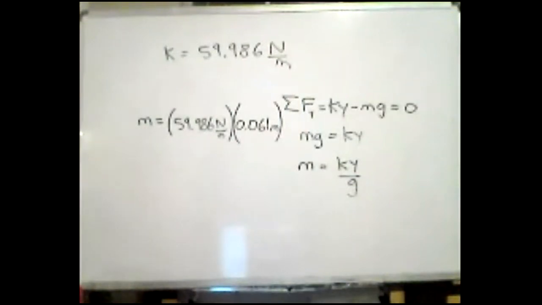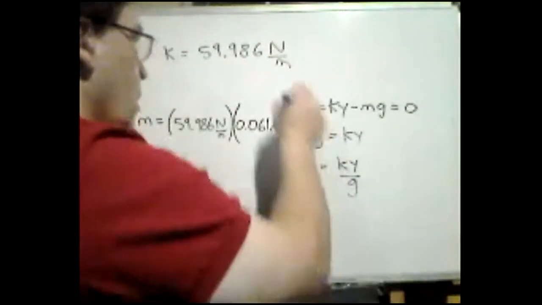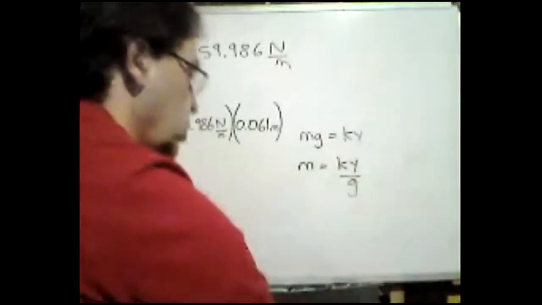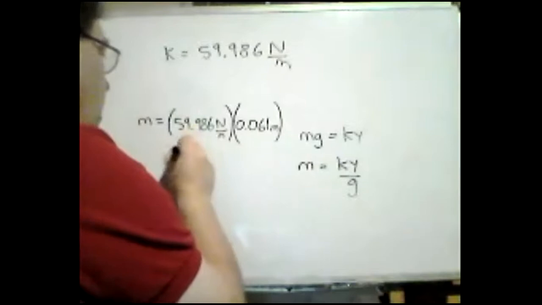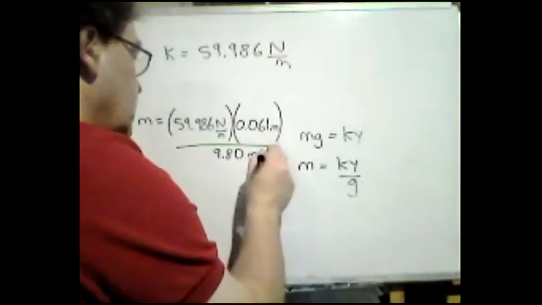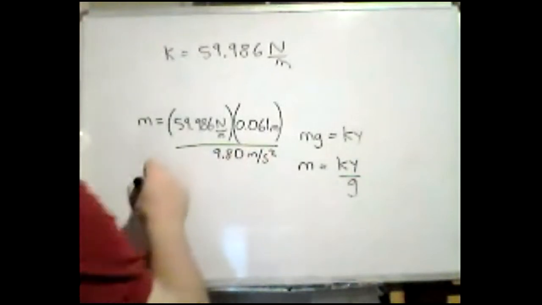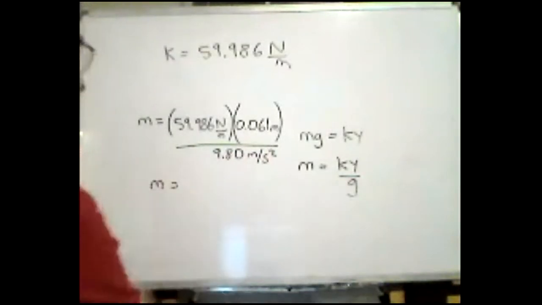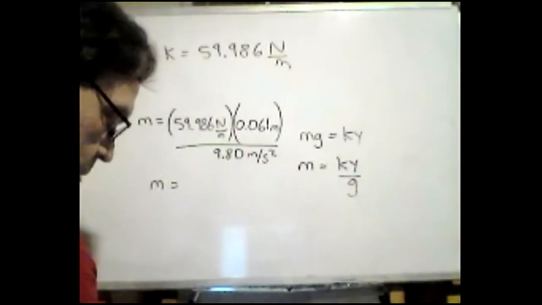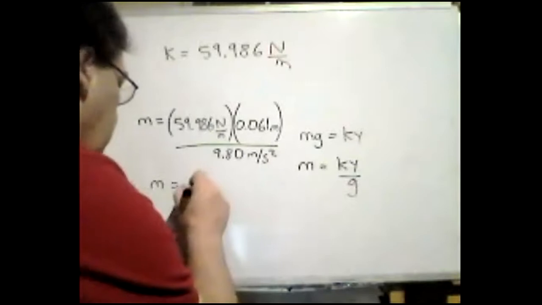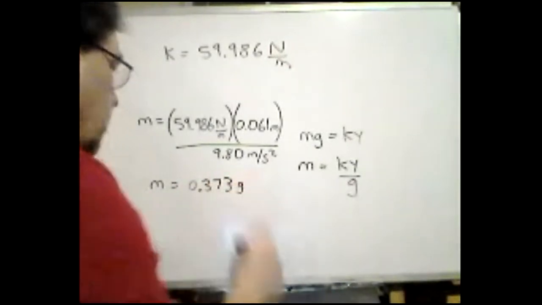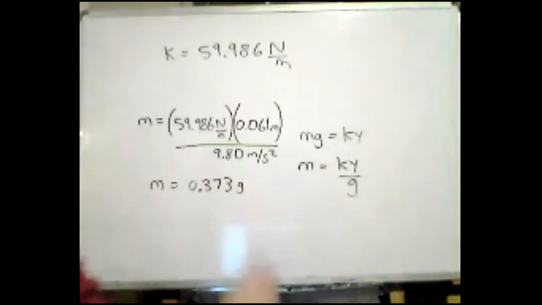There's ky, divided by g, gravity. We take that to be 9.80 meters per second squared. When I do that, I find that this unknown red mass is going to be 0.373 kilograms, or 373 grams. Pretty good mass. Oops, I'm sorry, kilograms.